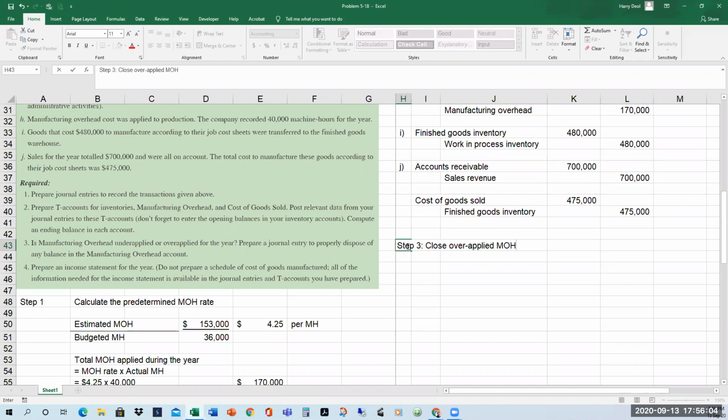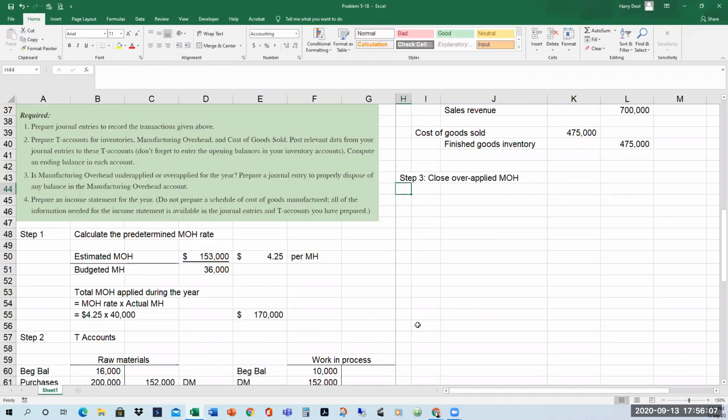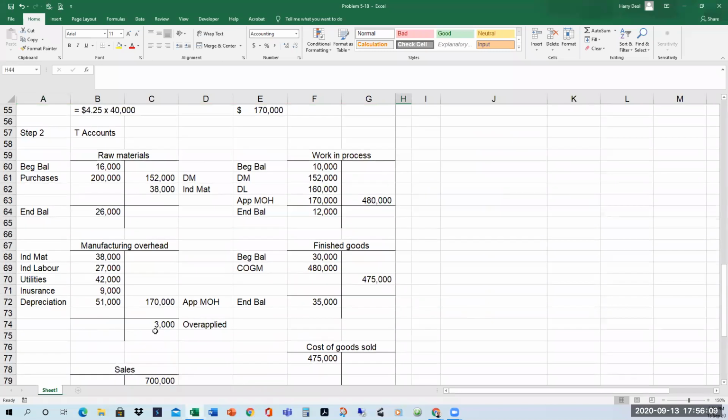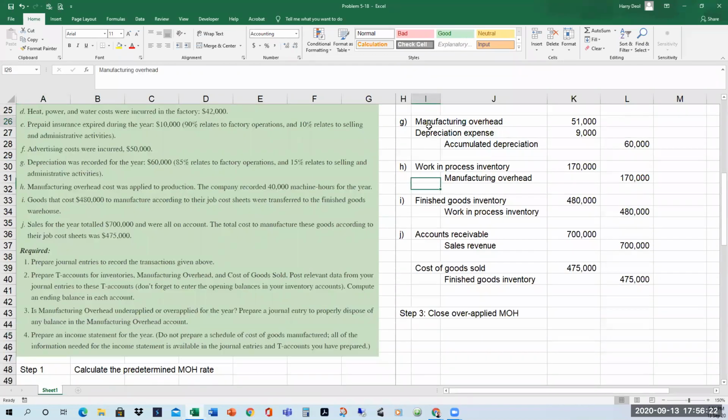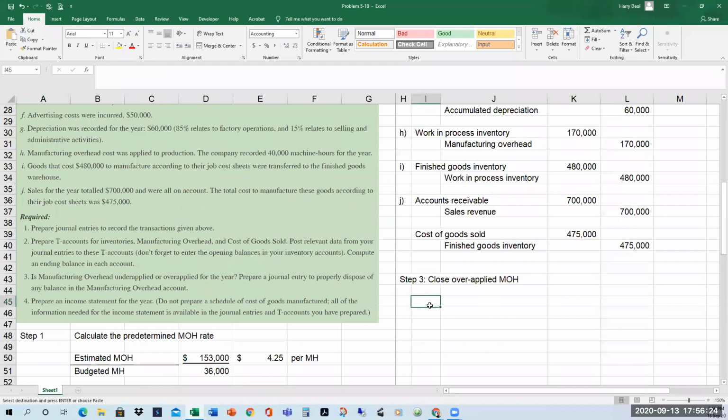applied manufacturing overhead. So the journal entry here will need us to debit the manufacturing overhead account for $3,000.